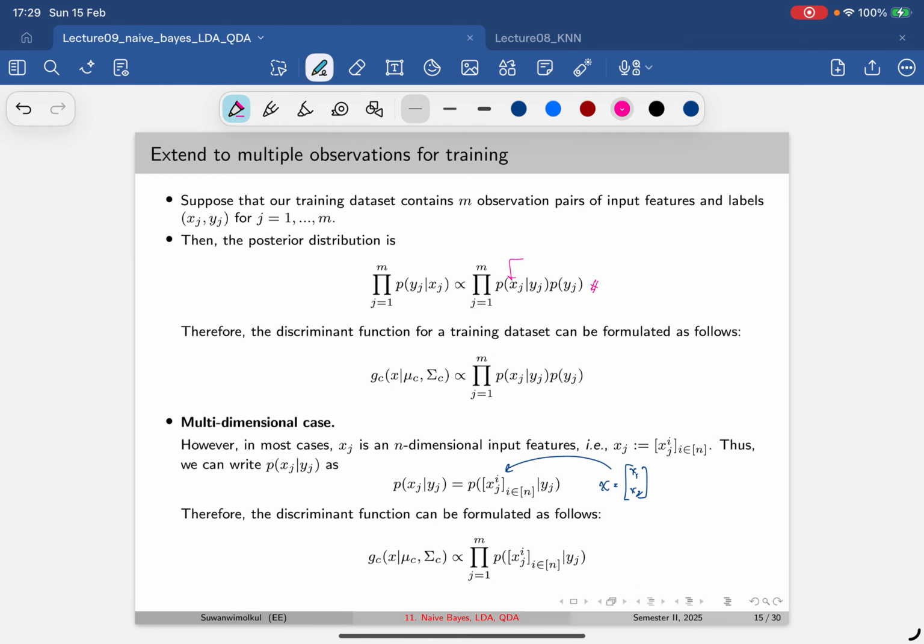But if your x is not a scalar anymore, but a vector of features, then when you consider the probability of x given y, extending it to multi-dimensional input features, it becomes the probability of xj1, xj2, up until xjd, given yj. So it's just like our example of the Gaussian distribution. And that's it. I will pause and describe everything in Thai for now.